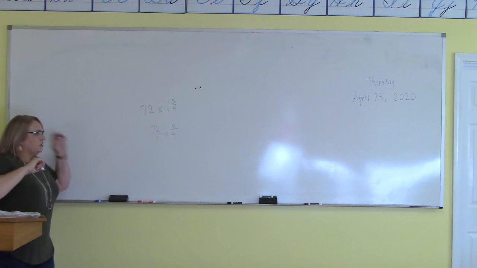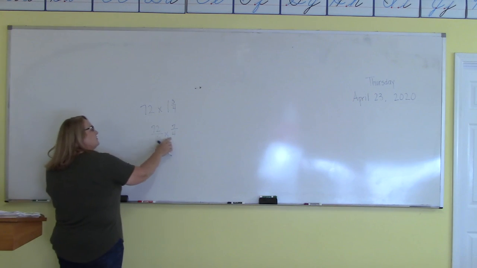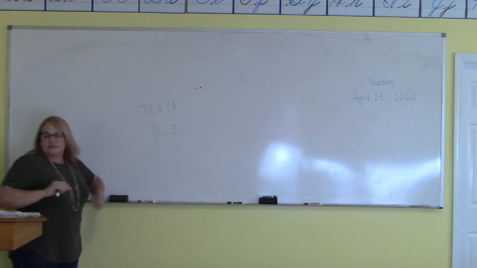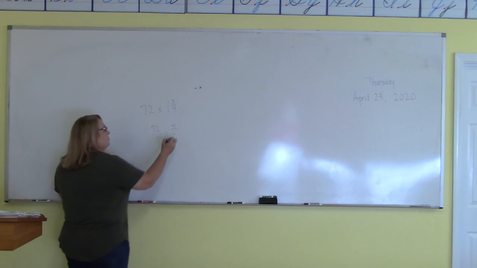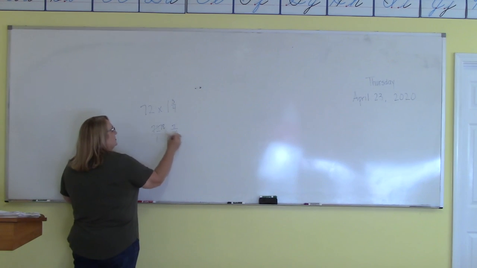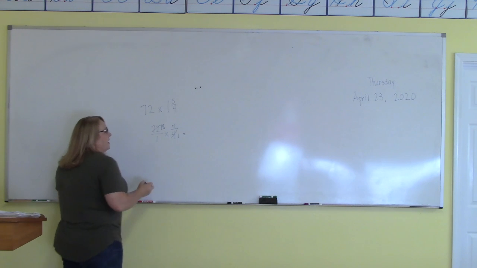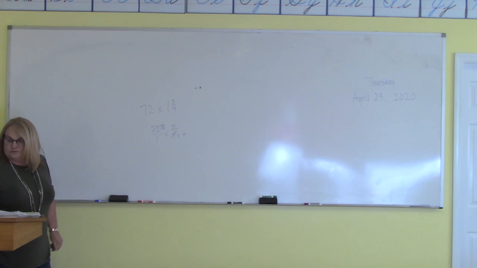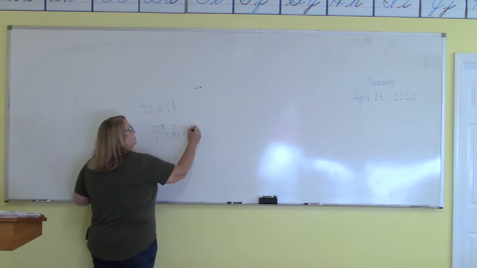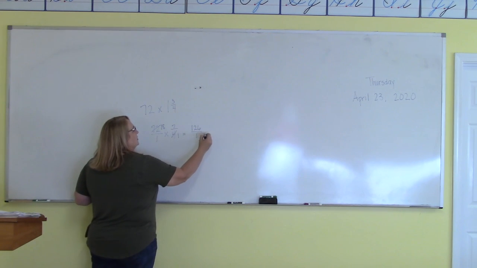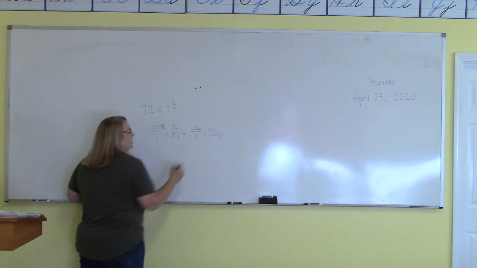Okay, now look and see if there's a number that you can divide into from 4 and 72. All right, 4 will go into 72 18 times. Now 18 times 7. You're left with 126 over 1, which equals 126.